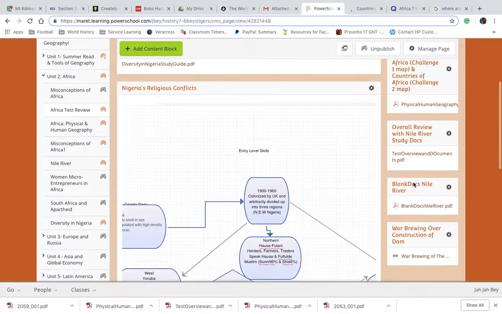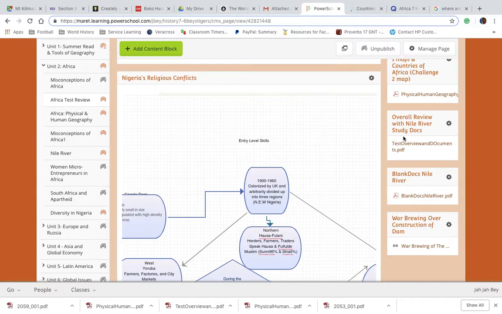You also need to study the physical features of the Nile River, basic impacts, and the largest impact of the Nile River, which influenced the construction of the Grand Ethiopian Renaissance Dam.